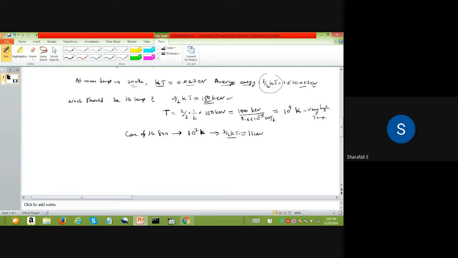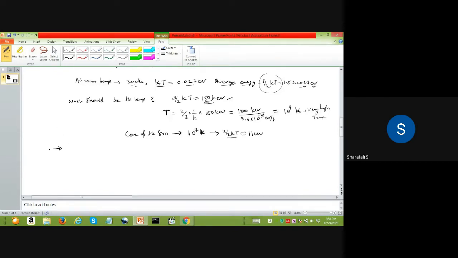It is still not possible to break that potential barrier, but it is still happening inside the sun. How is it happening? It is happening because of the concentration.